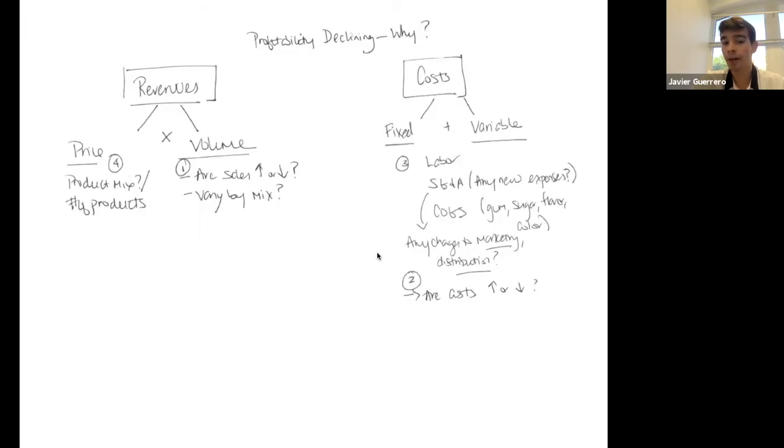On the variable front, I'm concerned that perhaps recent acquisitions or cost of goods sold might have increased due to X factor, right? Can you give me more information, starting on the price front, on how profitability is impacted by product offering? And that's how you kick off your case.